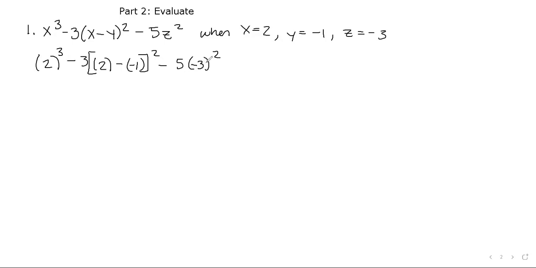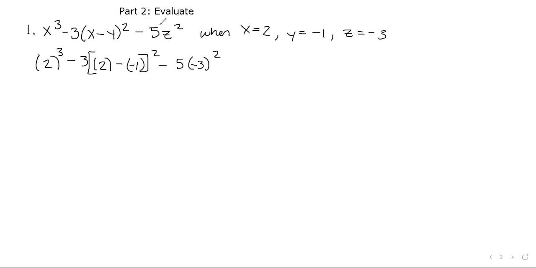Now, whenever we plug things in, it is very important that we put it in parentheses because it's going to help us make sure we understand what's happening. So, this -3 in parentheses squared is going to make sure that we include that negative sign when we square that, okay?